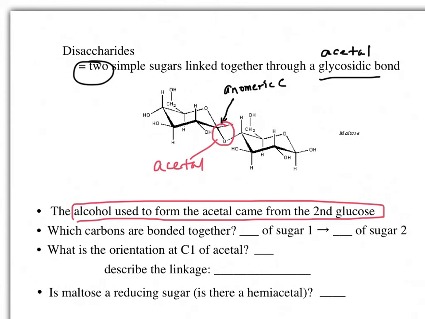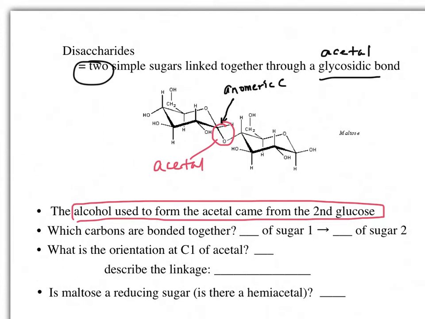Now, as far as which carbons are bonded together in this particular one, let's draw the straight chain form, a real sketchy straight chain form. We have four chiral carbons, CH2OH, and OHs all over the place. I don't know if this is even the right sugar. I just randomly slapped OHs there. If we're counting, it's 1, 2, 3, 4, 5, 6.